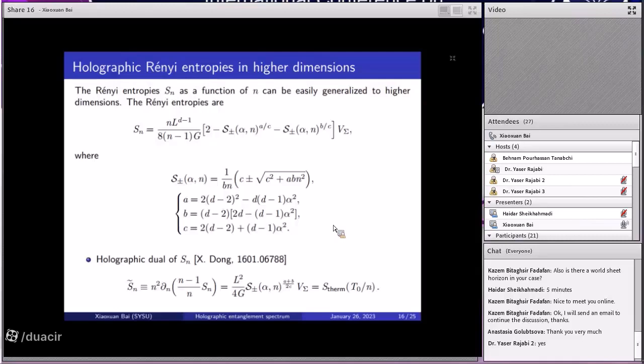So we find in our case that the thermal entropy of the hyperbolic black hole is just the dual of the Rényi entropy. So this means the cosmic brane is just the horizon of black holes, but with different temperatures.